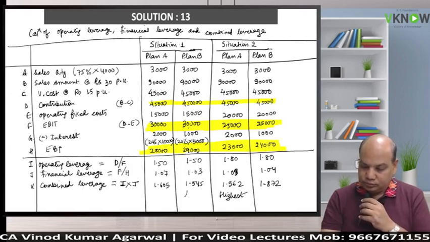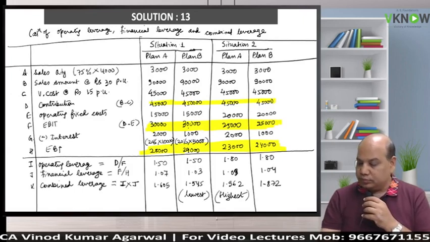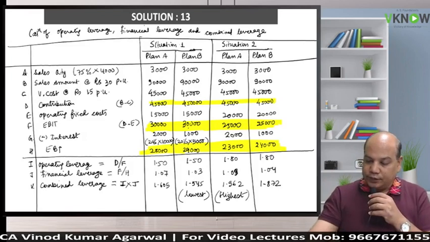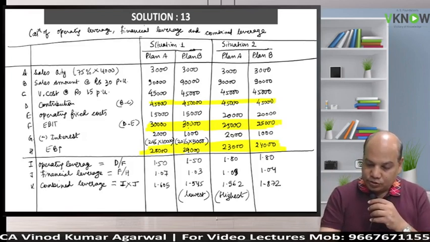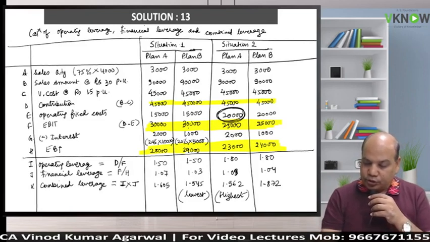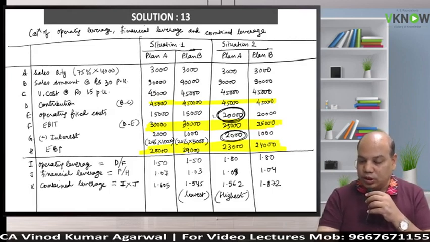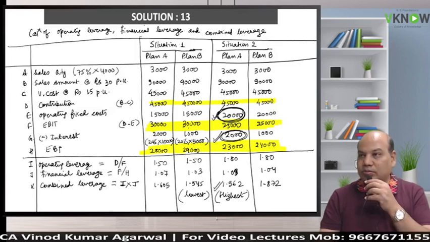And which is the lowest? Sir, situation 1 plan B. So when is the total risk high? When you are using high fixed cost. Can you see the fixed cost is also high here? Out of the two fixed costs, 20,000 is high, and out of the two, interest 2,000 is high. So when both are a combination of high, combined leverage will also be highest.